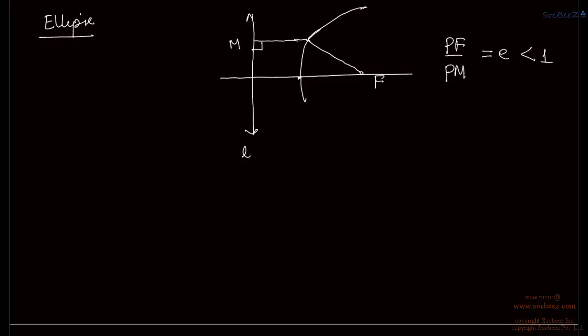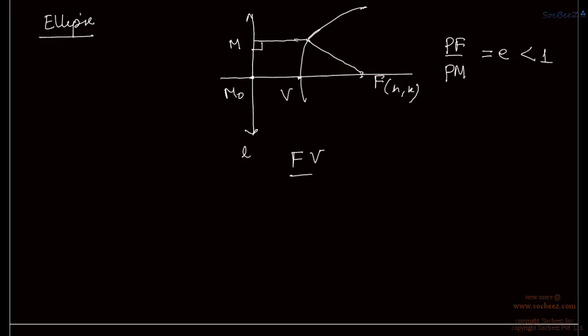Say this is a line. So this must be the vertex of ellipse. Let us name this as V. This is the focus, say this is S, and say this is a point M0.